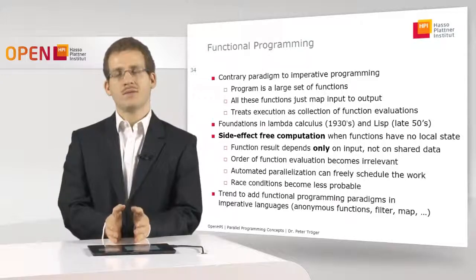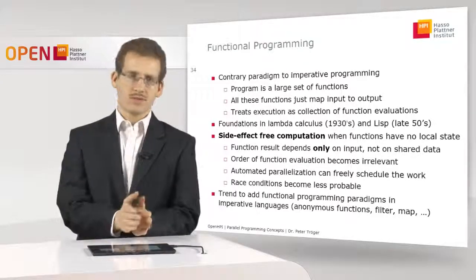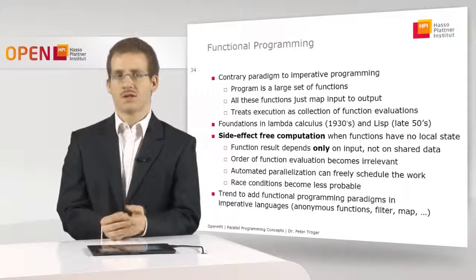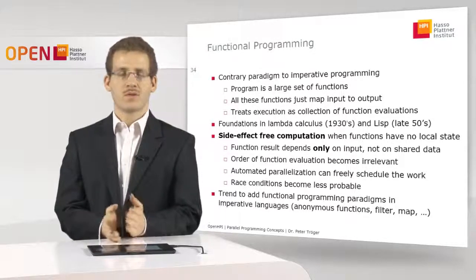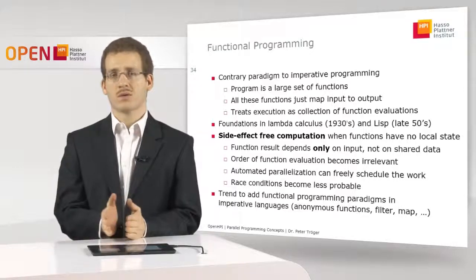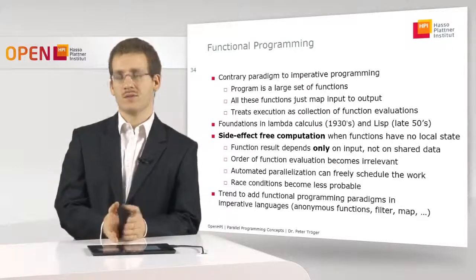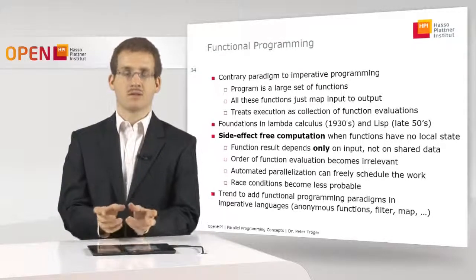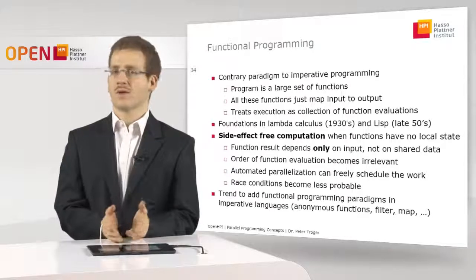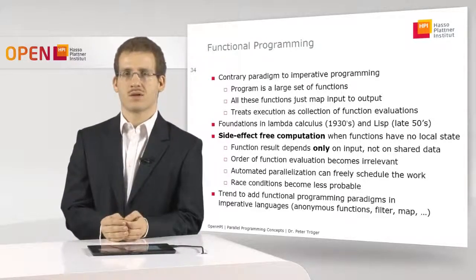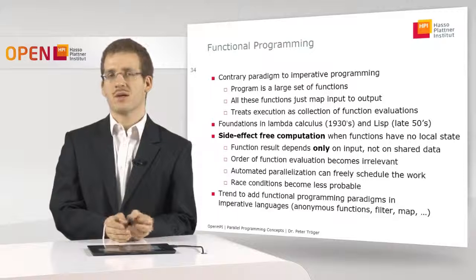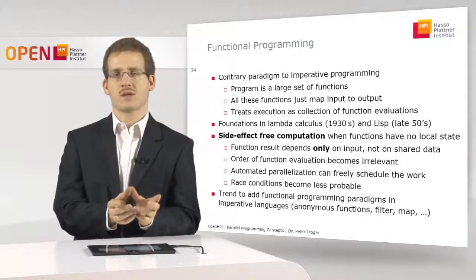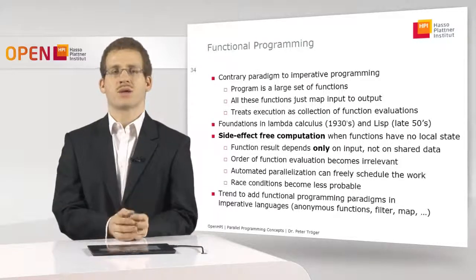If you have this situation, so if you're able to write side effect-free computations in the notion of functions, then you come into a situation that you have no longer shared state between the different functions. If you have no shared state between the functions and you have different functions that are executable at the same time, then you can run them in parallel without thinking about that, because the side effect freeness makes sure that there can be no race condition or any kind of situation where the ordering of the execution becomes relevant.